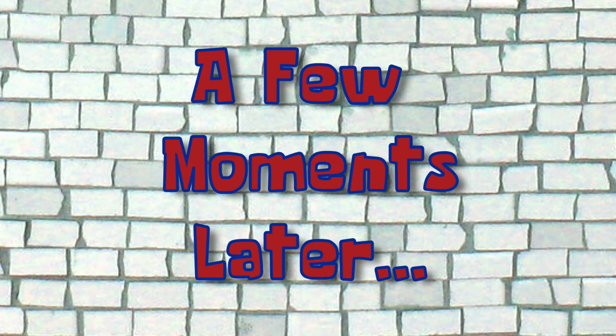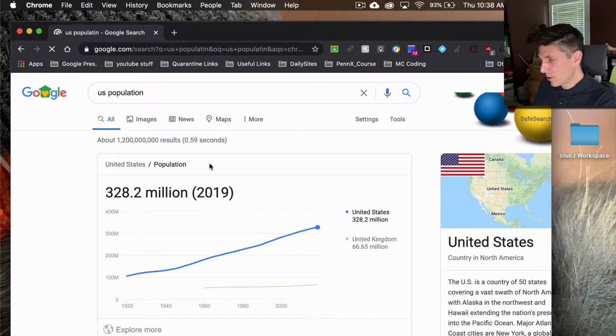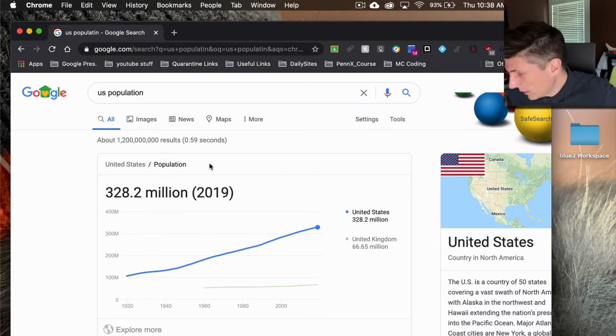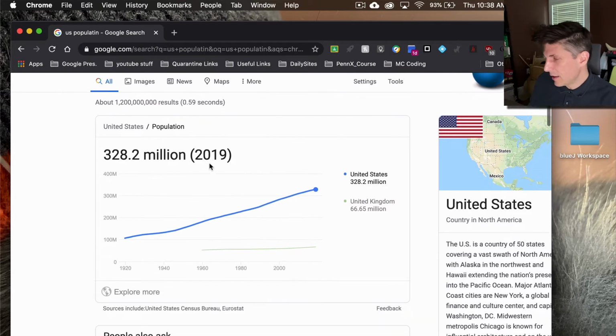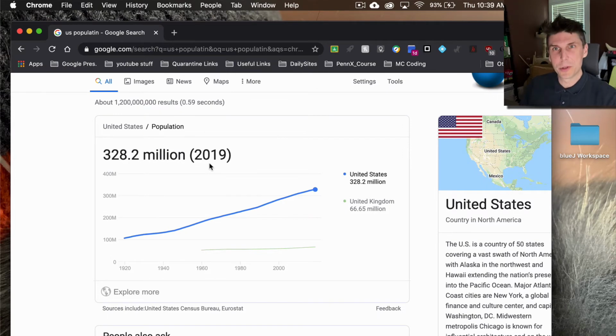A few moments later, they say it's 328.2 million. Yeah, so it seems like this predictive model is not 100% accurate. Granted, this is taken from a math textbook, so I'm assuming their source is valid. It's possible that there are a myriad of factors why the population would not have grown as quickly as... Oh, actually, this is 2019. They don't have the 2020. I mean, we're in 2020, right? That would make sense. Still, though, 2019.